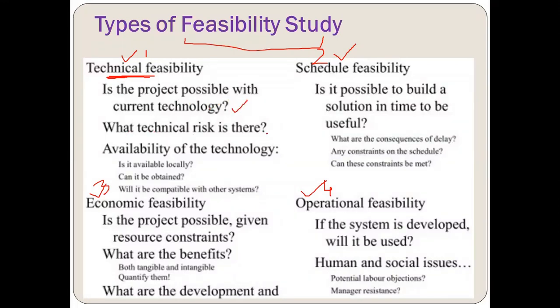Second, what are the technical risks involved in this project? Third, whatever technology is needed, whether it is available, whether all the resources are available with us, whether it is compatible with other systems, and how much maintenance it will need in future regarding this particular technology. So these questions are to be answered in technical feasibility.